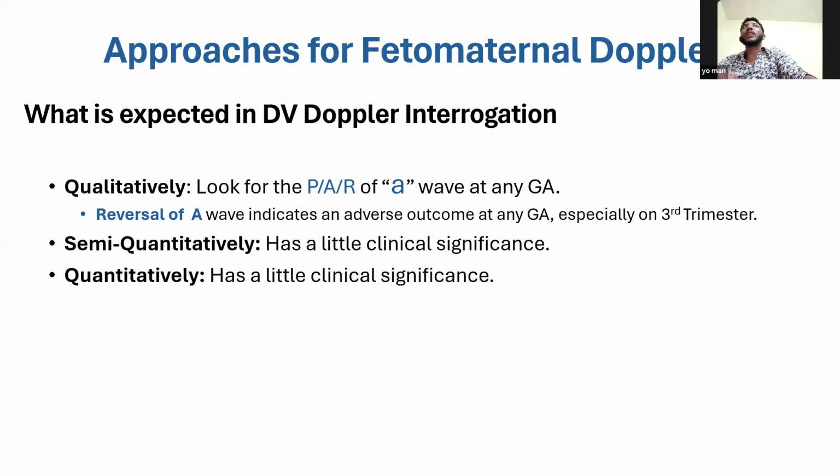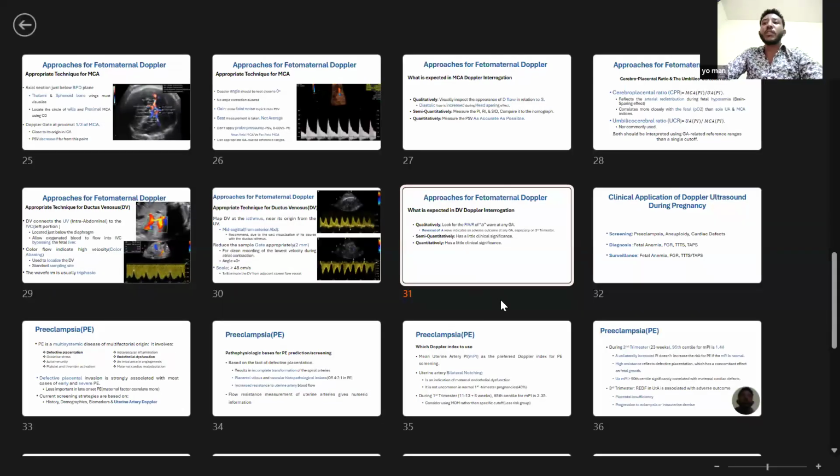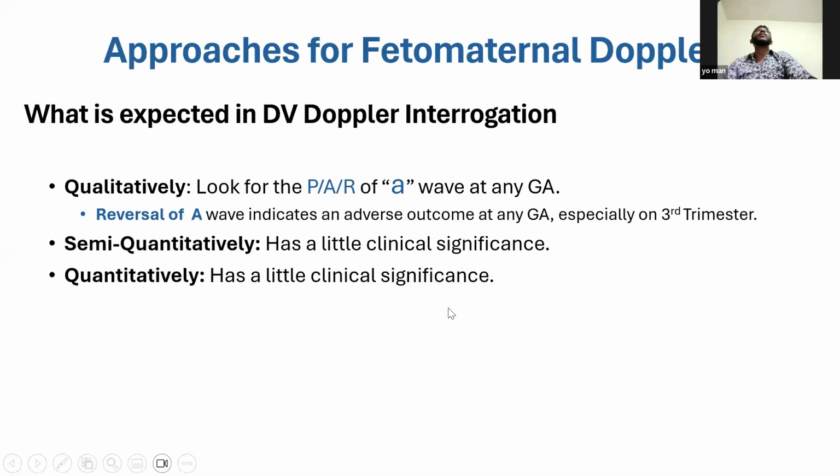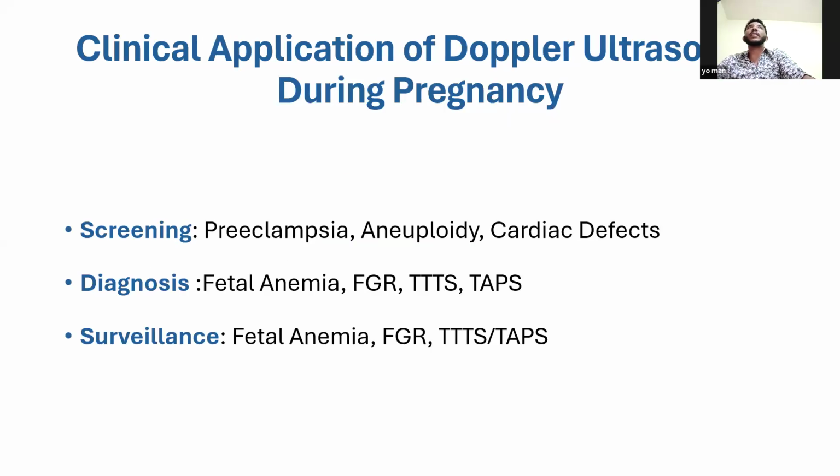Reversal of the A wave indicates adverse outcome at any gestational age, especially in the third trimester. Semi-quantitative assessment has little clinical significance.